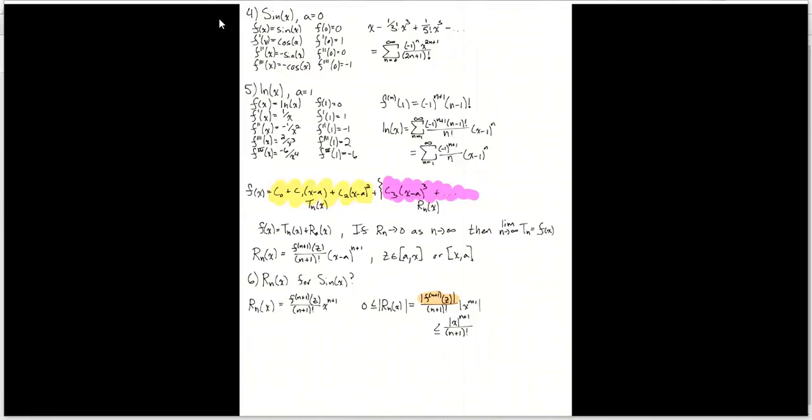So if this is bounded below and above here, then it might start to look like something like squeeze theorem. So what is the limit as n goes to infinity of this absolute value of x to the n plus 1 over n plus 1 factorial?